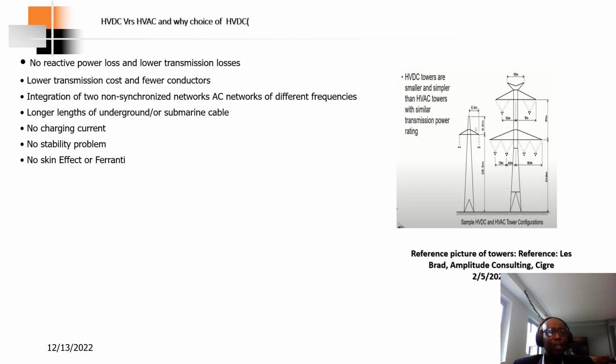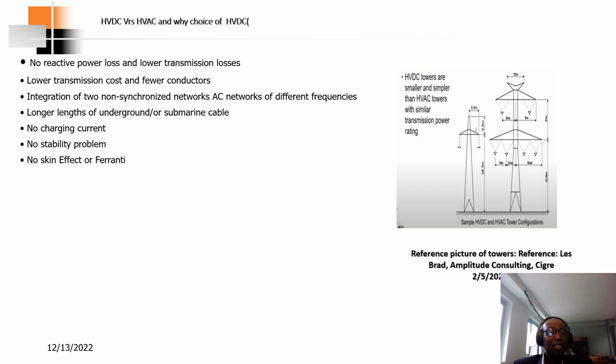For HVDC, there's no skin effect. In HVAC, because of the frequency, the cross-sectional area of the conductor at times is not utilized, and the current flows on the peripheral surface of the conductor instead of taking the whole section of the conductor.